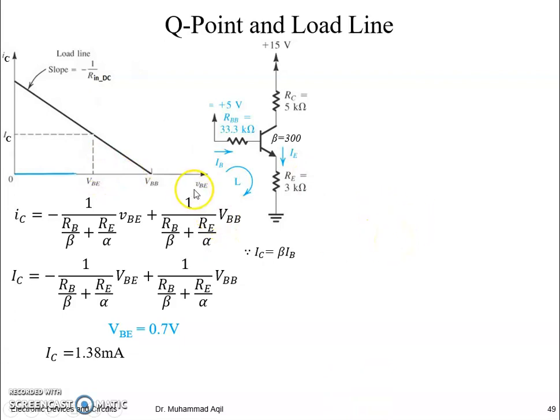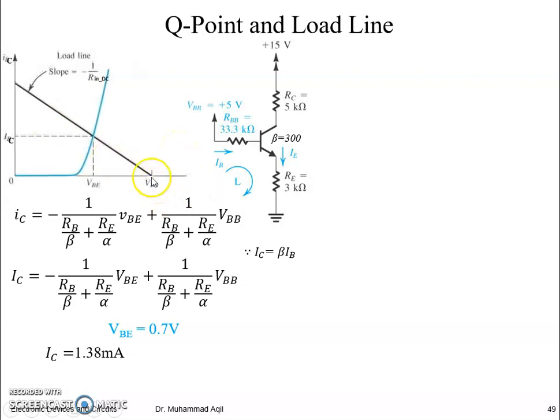If we plot the characteristics curve along with this load line, then we can see that this operating point is practical, not hypothetical. And this is hypothetical, because if we reduce VBE to less than 0.5, we already know that this is a diode just at the base to emitter side, so no IC would be flowing.